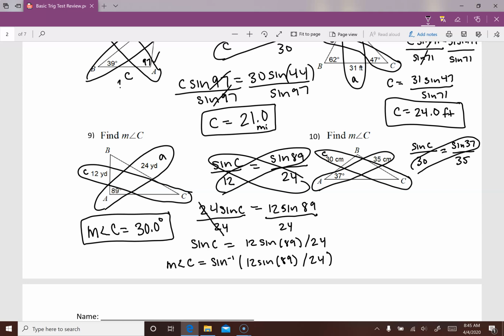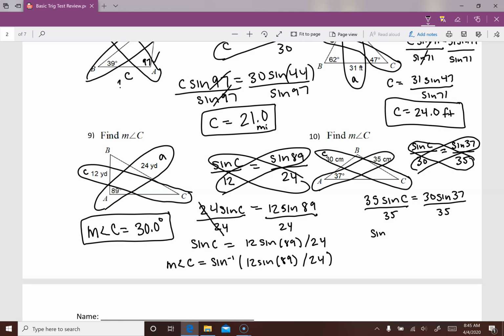Let's go ahead and cross multiply. That's going to give me 35 sine C equals 30 sine 37. Divide by 35 on both sides.